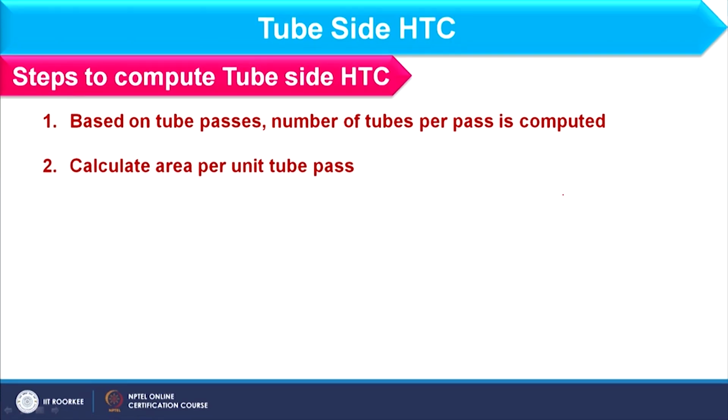Because you know that the cross sectional area of a tube is pi by 4 di square. Okay. So, that should be multiplied by the number of tubes per pass. Okay. So, pi by 4 di square into the number of tubes per pass will give the total area, or we can say the total flow area per pass. Okay.